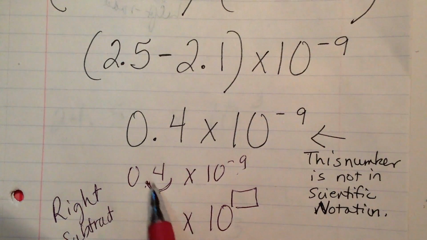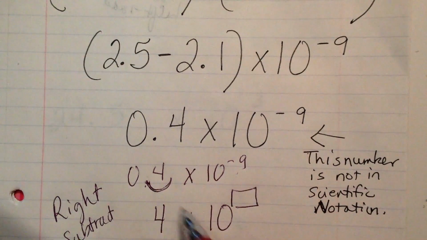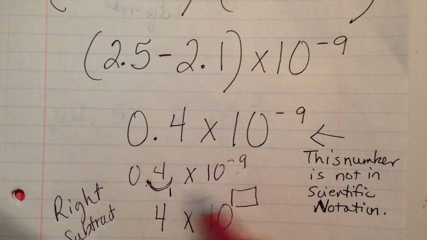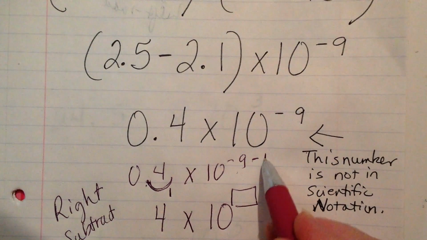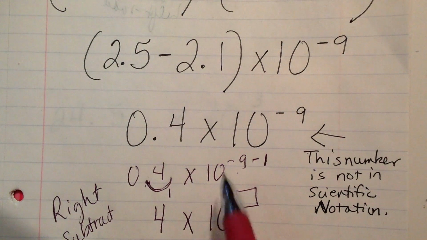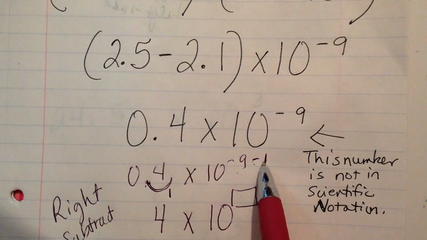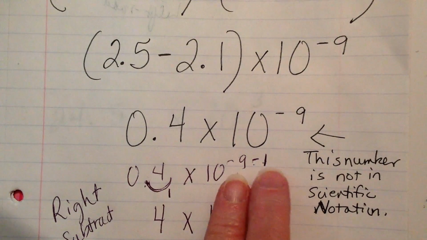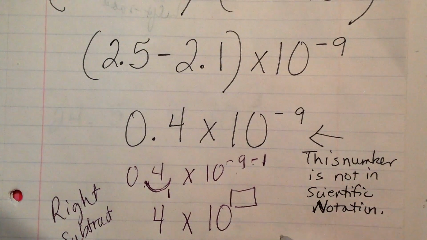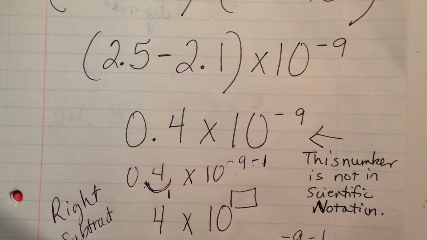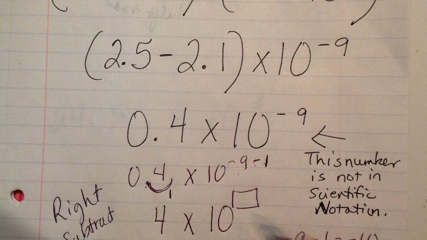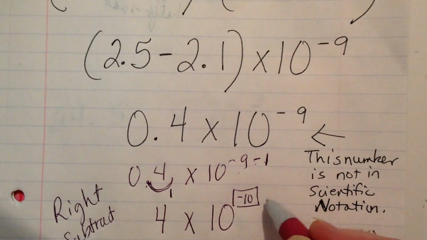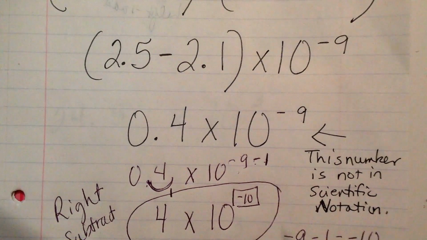We move this to the right one decimal place, so I must subtract 1 from the exponent. Negative 9 minus 1, that's like they're both negatives, gives me negative 10. So your exponent is negative 10. That would be my final answer.